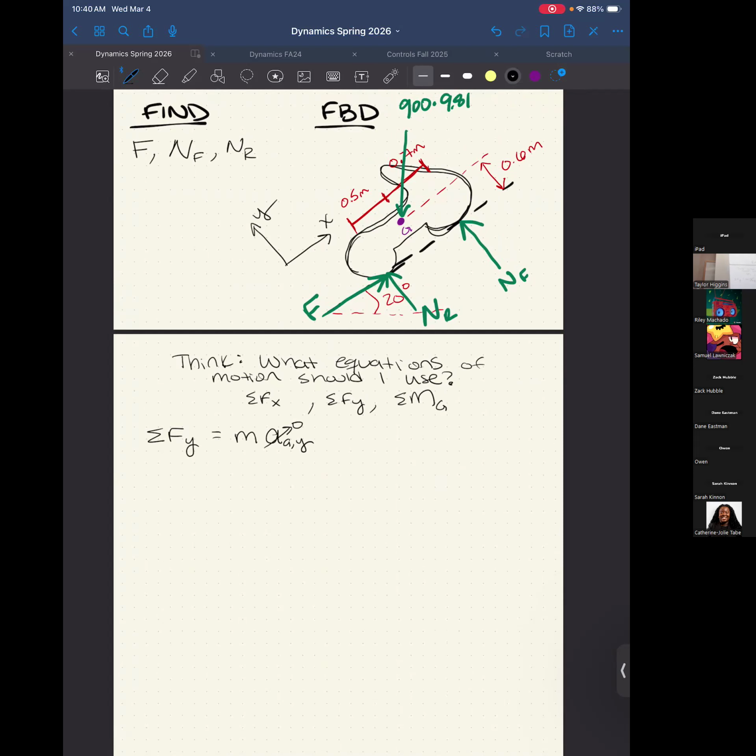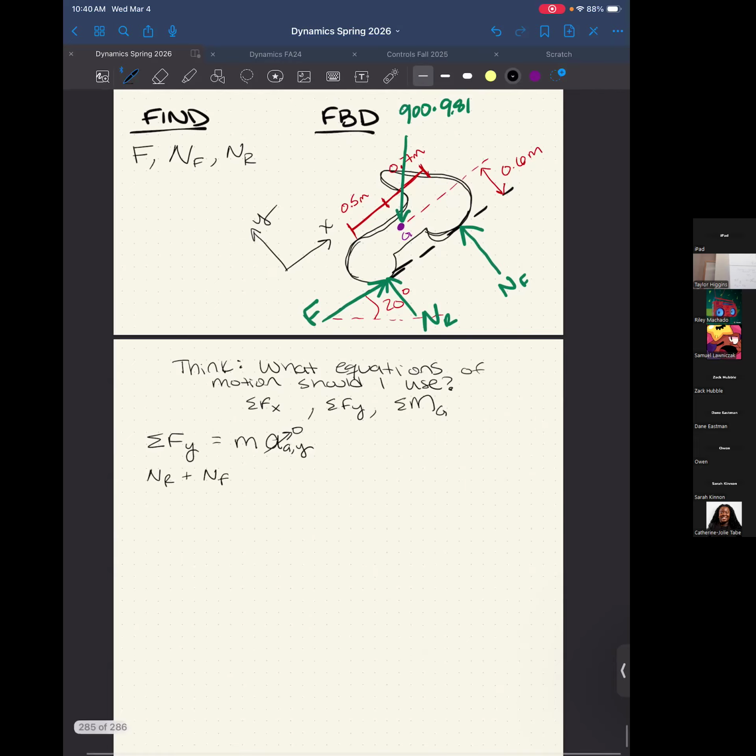Okay, so the forces that I have in the y direction are N_R plus N_F. Oh goodness, we have to do trig for this mass and weight. So what I'm going to do is draw my two coordinate systems, the one that aligns with my mass and the one that I prefer to use.